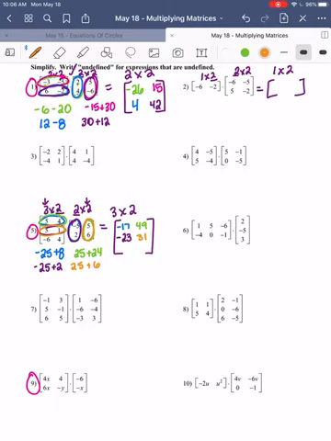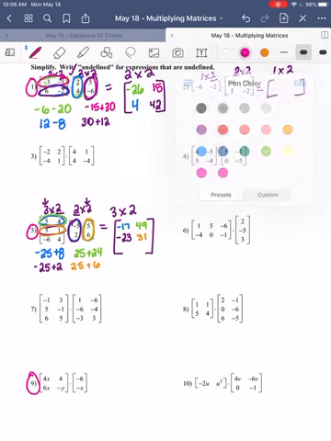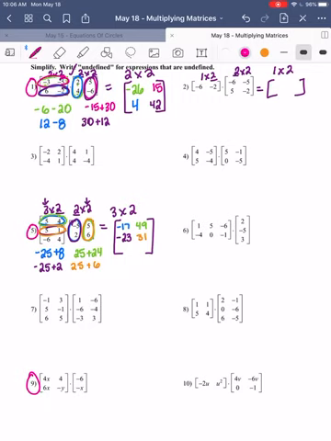Now I need to do it for the third row. So I'm going to jump down and do, okay, let's see. I'm trying to not run out of colors here. I haven't done pink yet. Okay, so we're going to do negative 6 times this column.